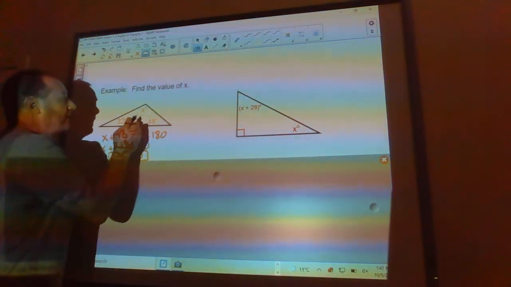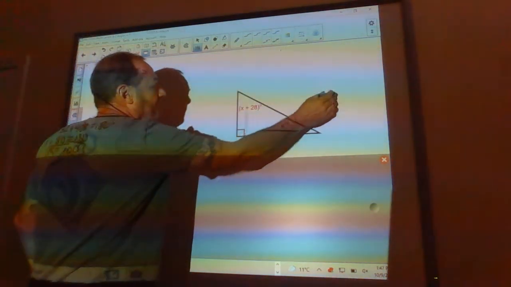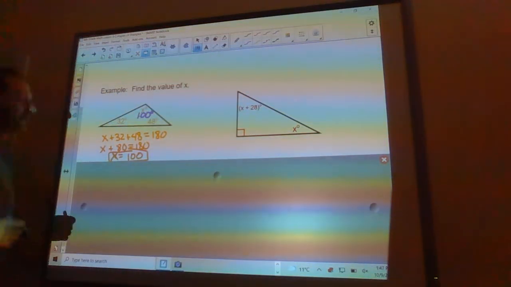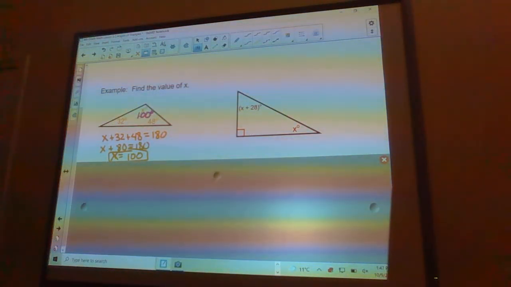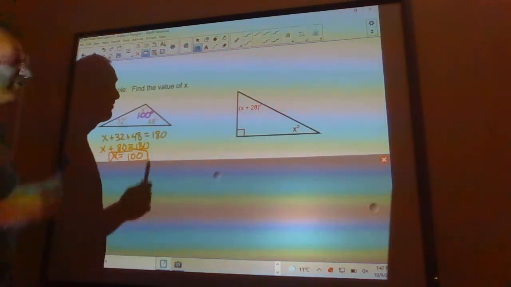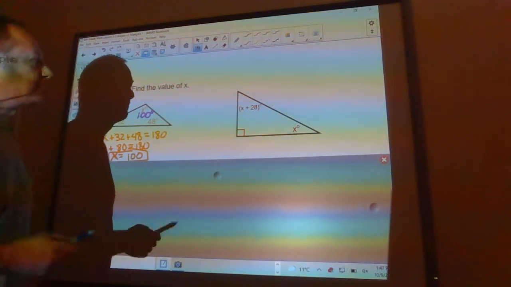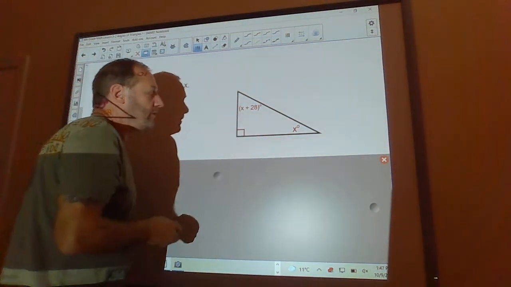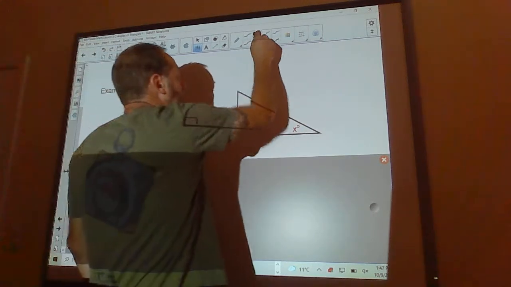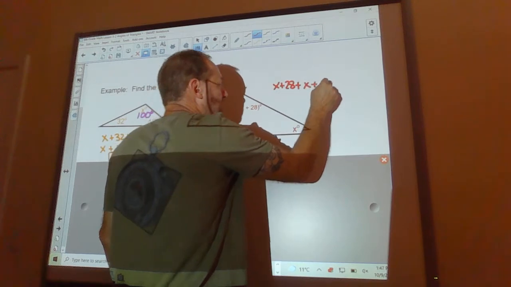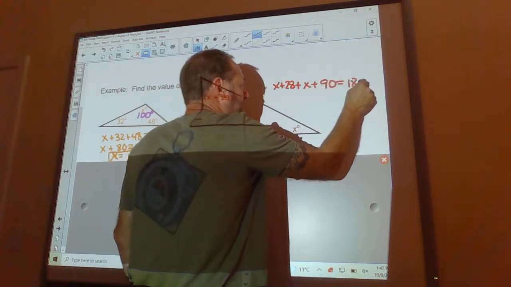Okay, so I can go in here and I can label this. This angle is 100 degrees. Okay, now this one's a little trickier because at first glance you think, I don't know any of these angles, but you really do. You know that one's 90. Okay, now I know then that X plus 28 plus X plus 90 equals 180.